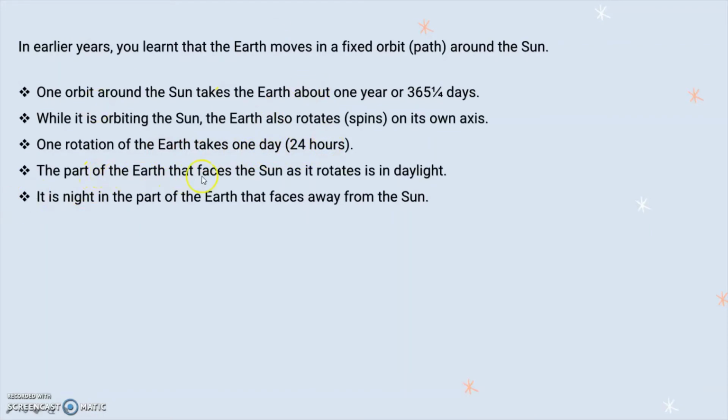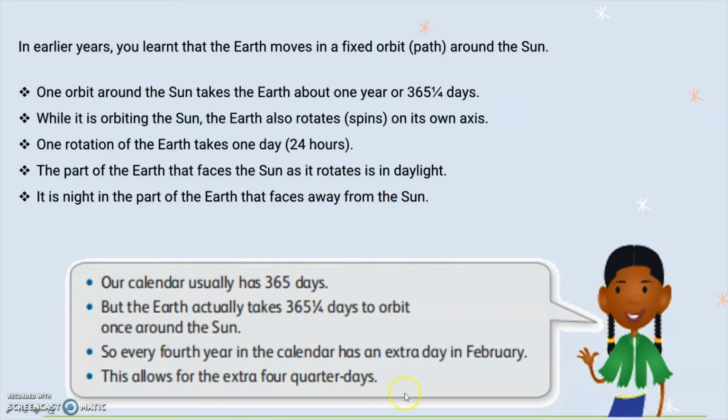The part of the Earth that faces the Sun as it rotates is in daylight. It is night in the part of the Earth that faces away from the Sun. So daylight faces the Sun, but night faces away from the Sun.